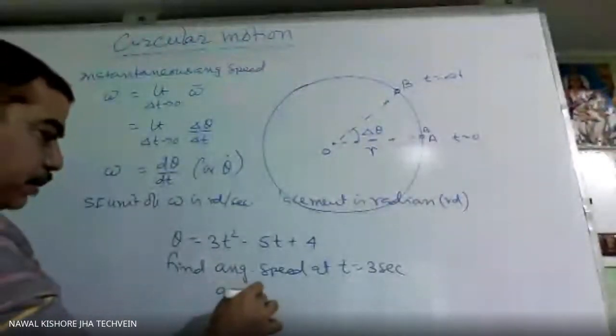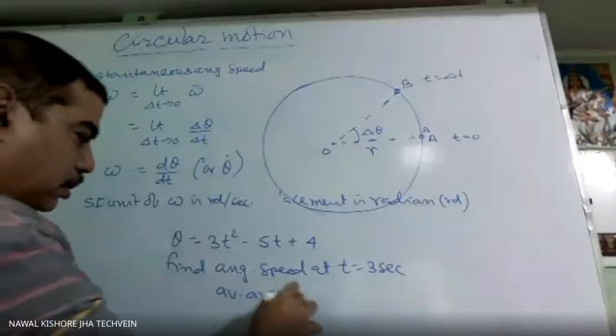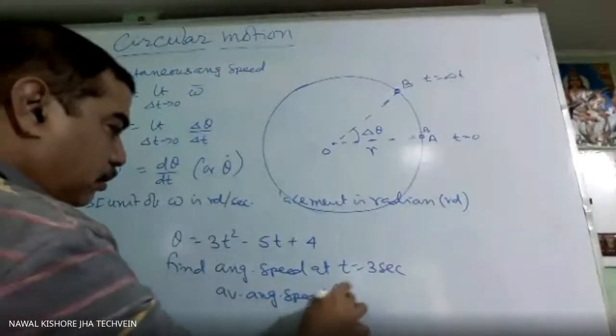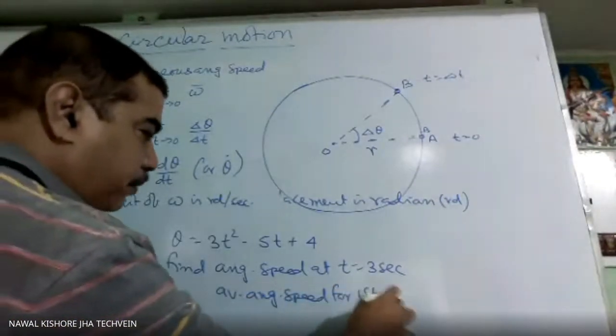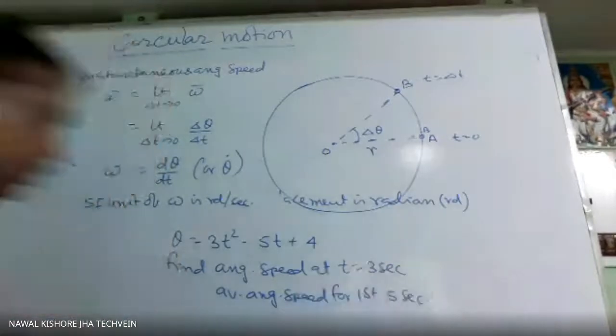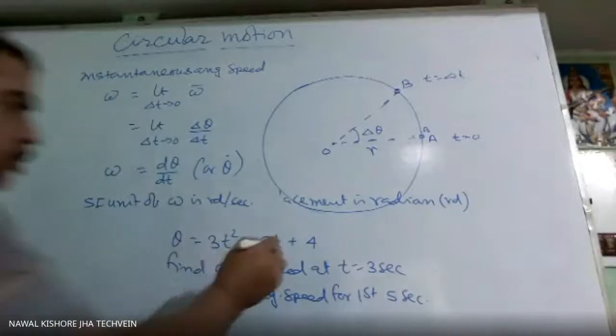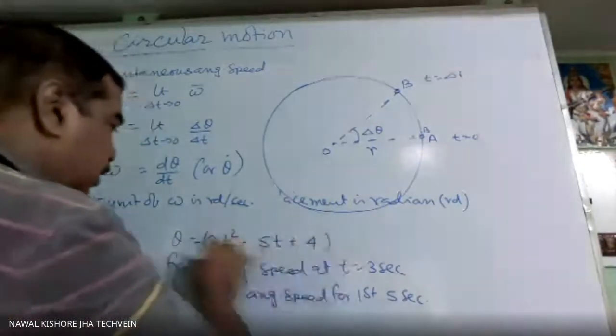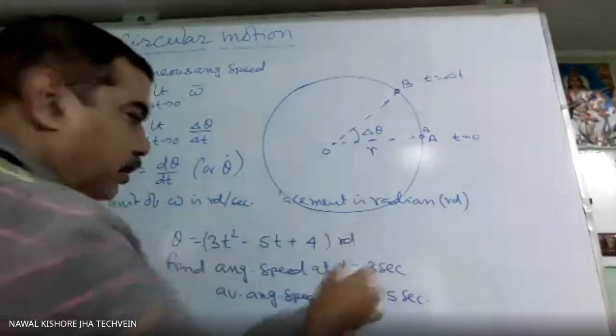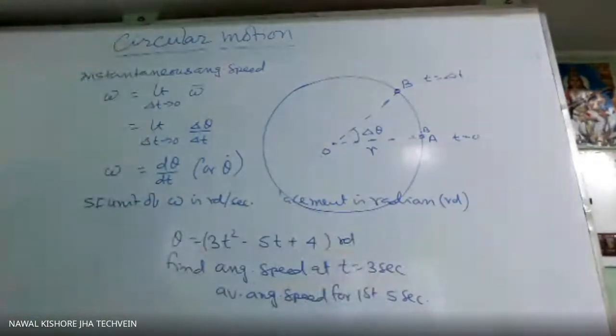Average angular speed for the first 5 seconds. Suppose theta is given in radian and t is in seconds. Then what will you do?